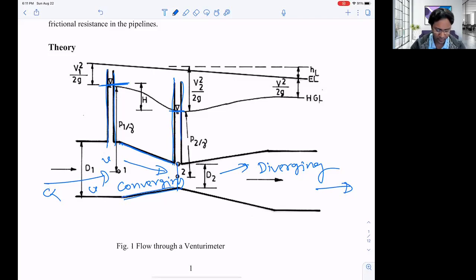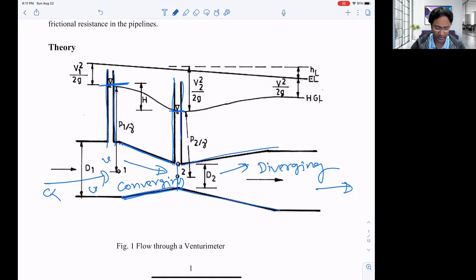Within the converging section, the pressure head is converting to velocity head, and then we have another section that is diverging, right, this way. At the diverging section, the velocity head is again converting to pressure head as the cross section of the conduit is increasing.